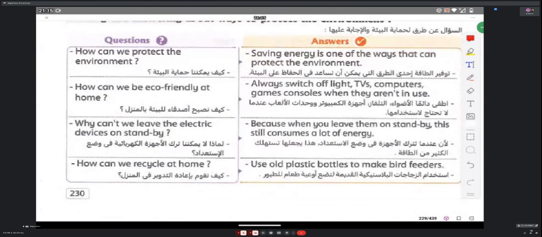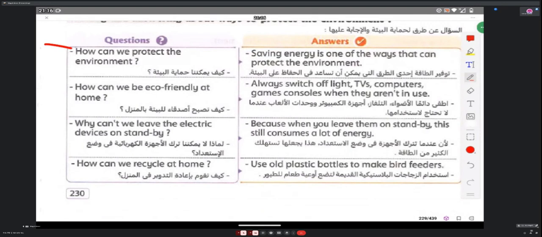How can we protect the environment? Saving energy is one of the ways that can protect the environment. Now, Omar, how can we protect the environment? Saving energy is one of the ways that can protect the environment. How can we be eco-friendly at home?